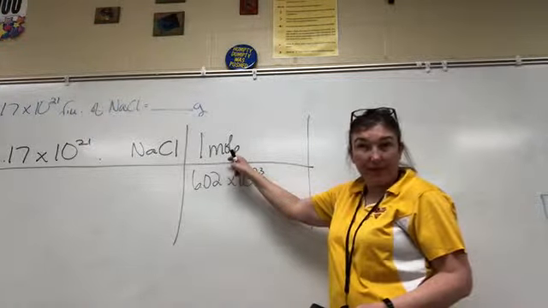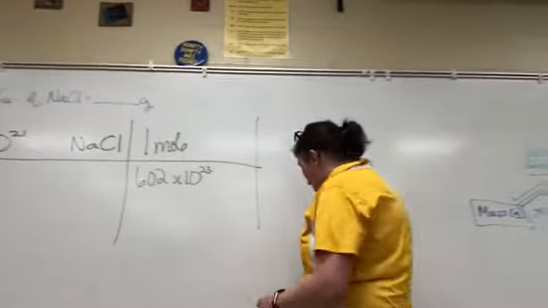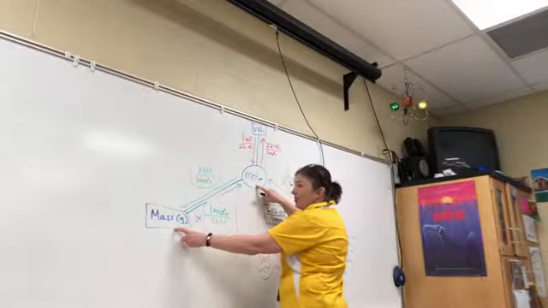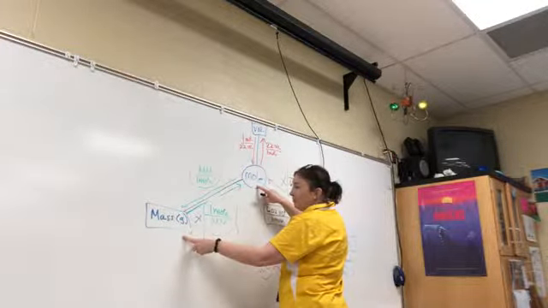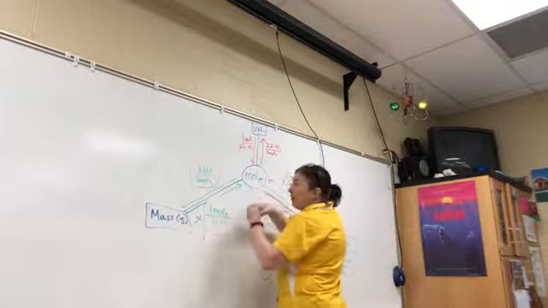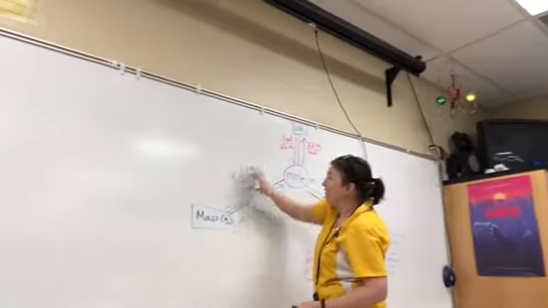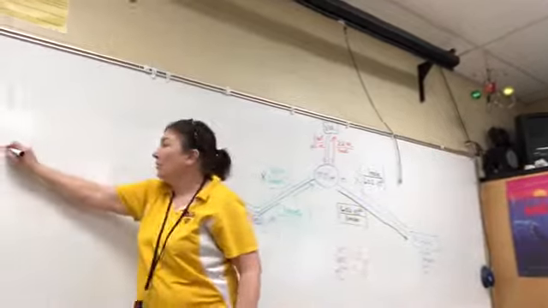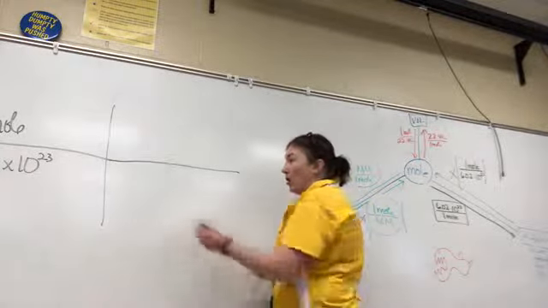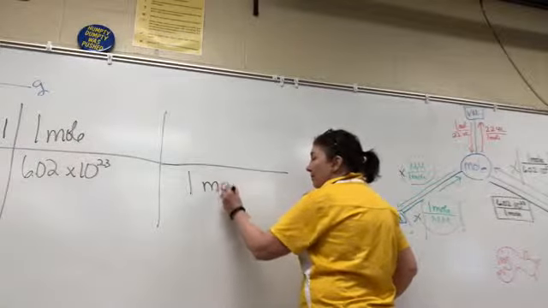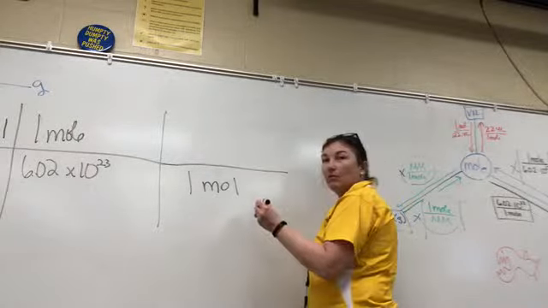Does that make sense? So now we're here, and we need to get down to mass. Am I going to take the top or the bottom bus or train? The top. So I'm going to multiply. I'm just going to insert this in here. So now I got to find the molar mass of sodium chloride over 1 mole. What is it, Sam? Whoever said that? 58.45.